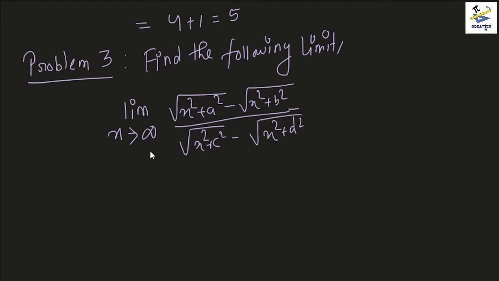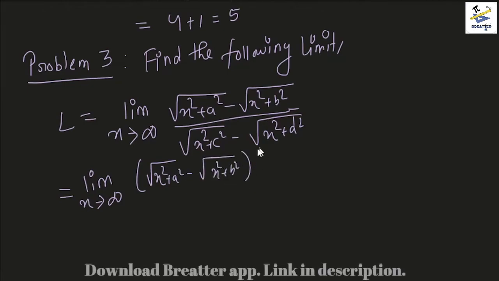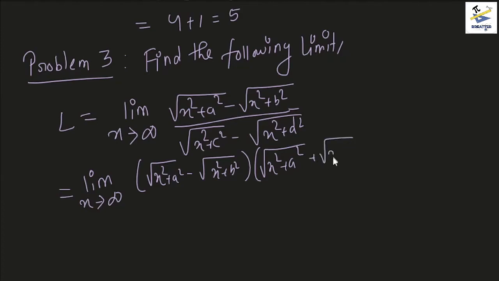Now to do this kind of problem, as I said, we need to first rationalize. So let us begin the process. Let this be L. So this is equal to, we shall multiply by the conjugate, root over (x square plus a square) plus root over (x square plus b square).